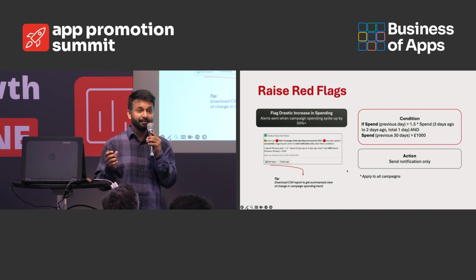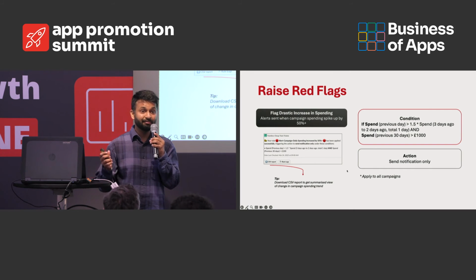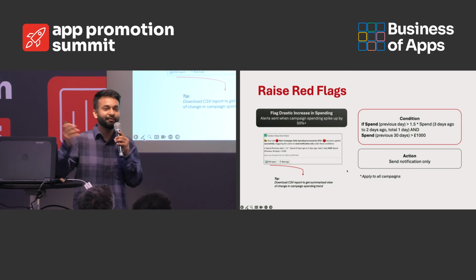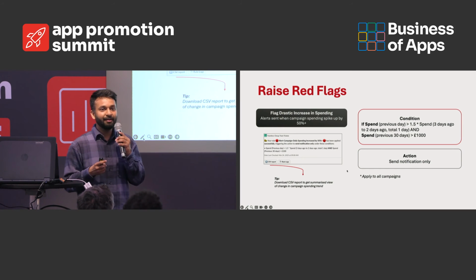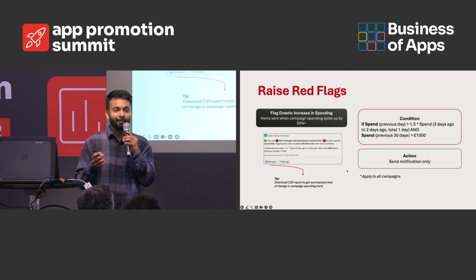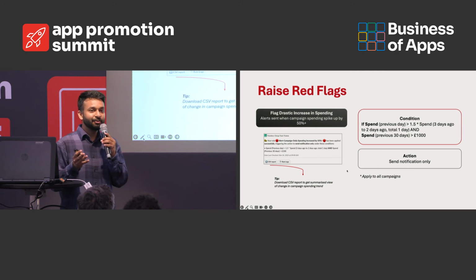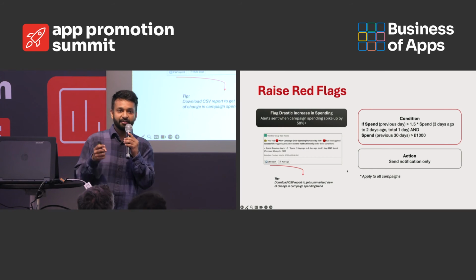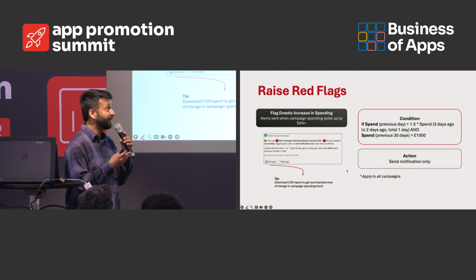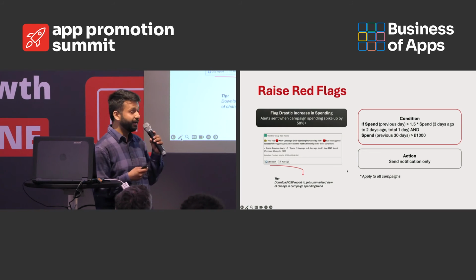But for instance, if you don't look at your campaigns for a day or two, and suddenly your campaigns are not limited by budget and you end up spending like 50-40% more than your budget, then you will be in an ugly position, right? So to prevent situations like that, you can create this alert so that whenever there is a huge shift in your campaign spending, for example, if there is a spike of 50%, as I have defined in this rule, you will get notified.